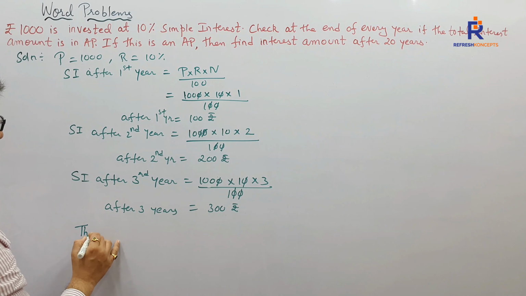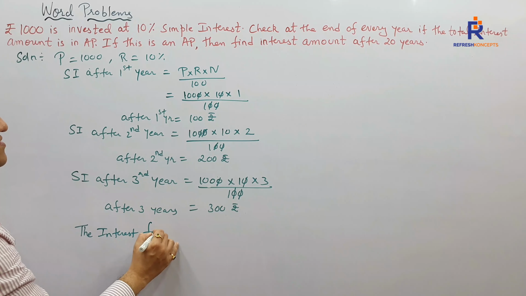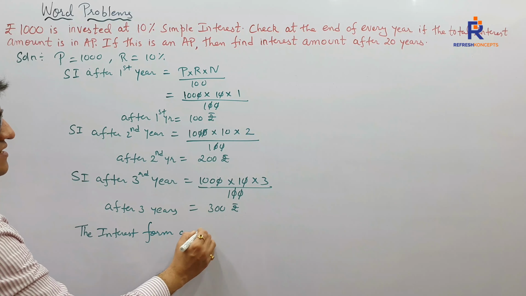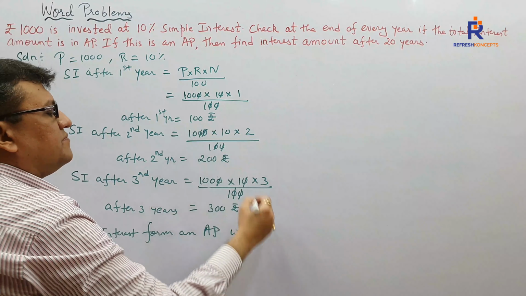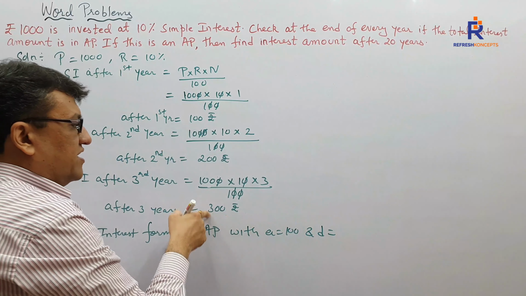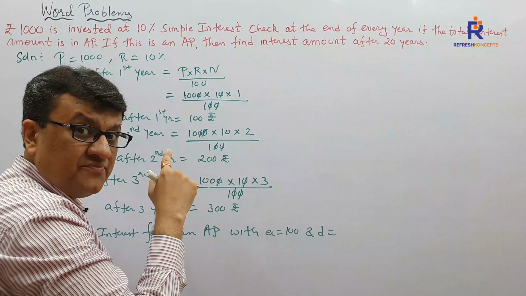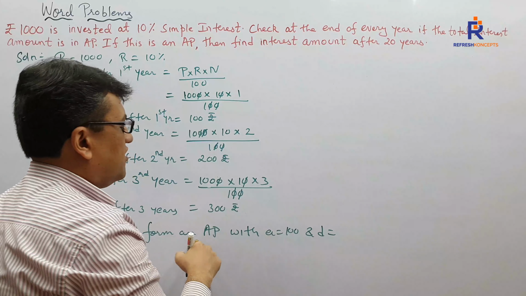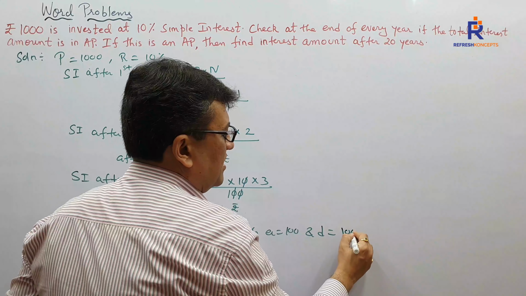The interest forms an AP, with what is the first term? A equals 100 and D equals 300 minus 200, 100. Difference is constant, so the interest forms an AP with A equals 100, D equals 100.